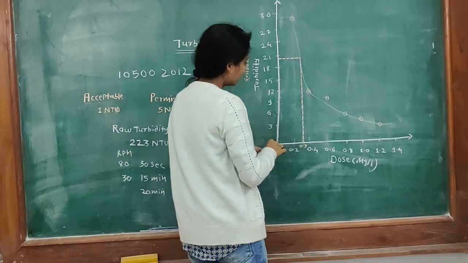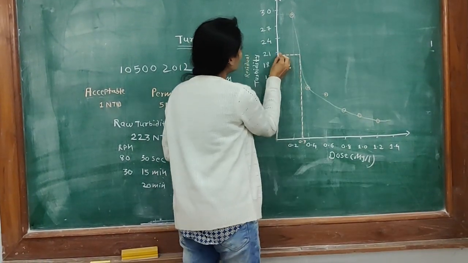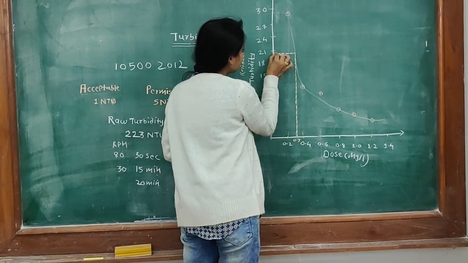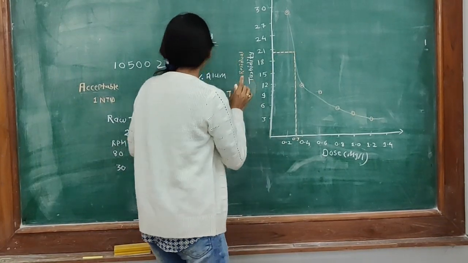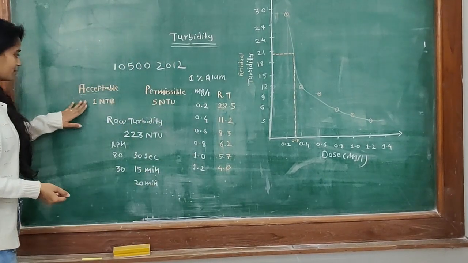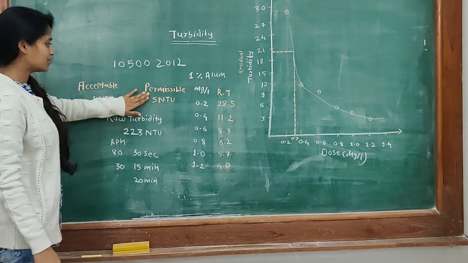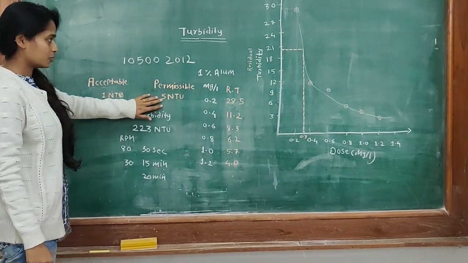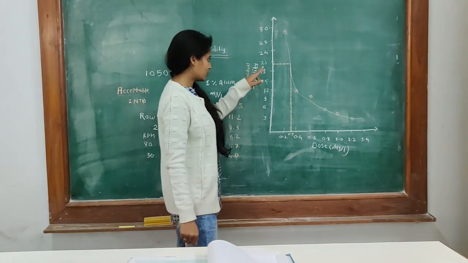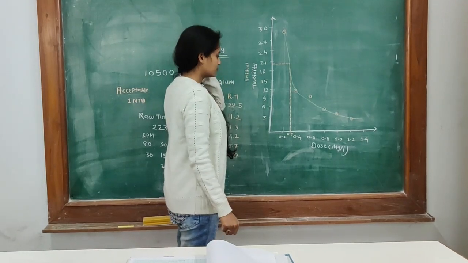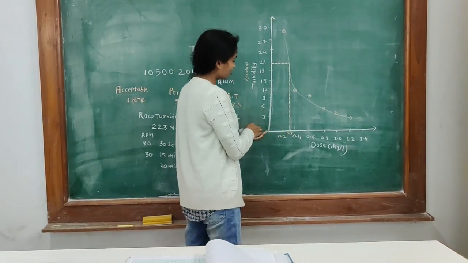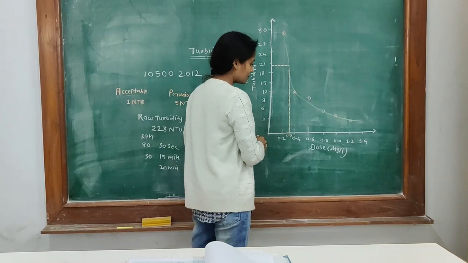And we need to go for 20 NTU turbidity. Now we have seen here that the acceptable limit is 1 NTU and the permissible limit is 5 NTU. Then why do we take 20 NTU when it comes to the optimum coagulant dose?